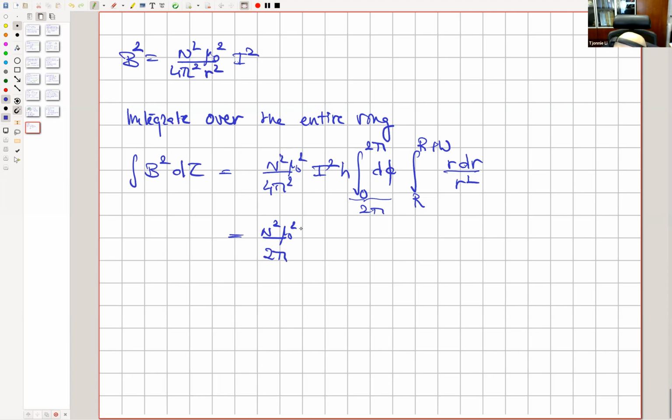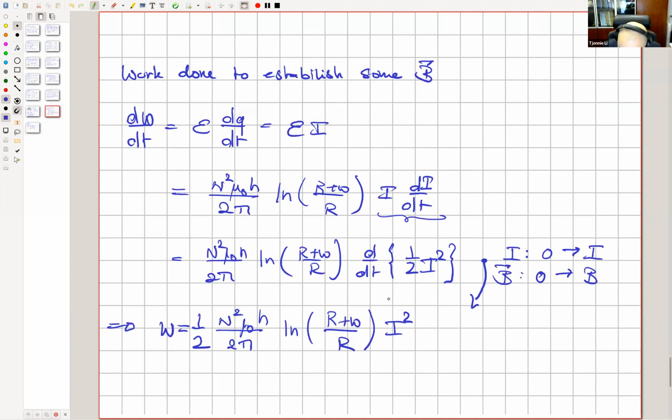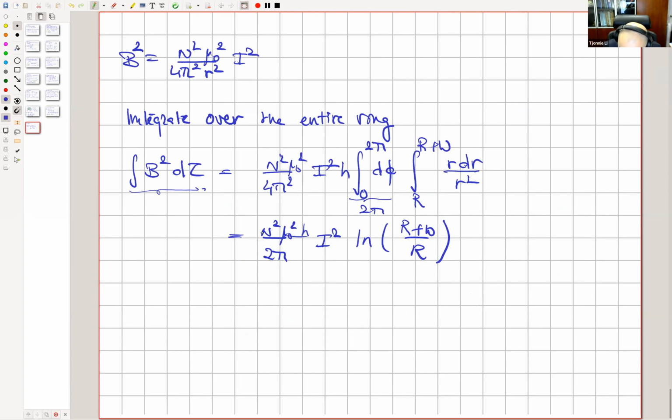Let's see, H here, I squared, and again I get the log of R plus W over R. So this is just integrating this out over all space, but we've actually seen that the total amount of work done is this expression over here, which up to a factor of mu naught is exactly the same as this here.